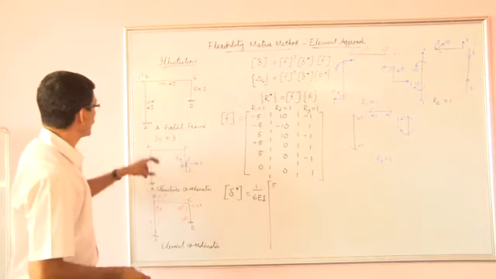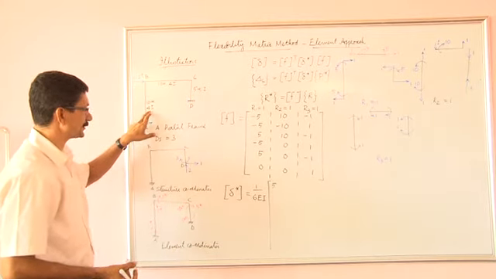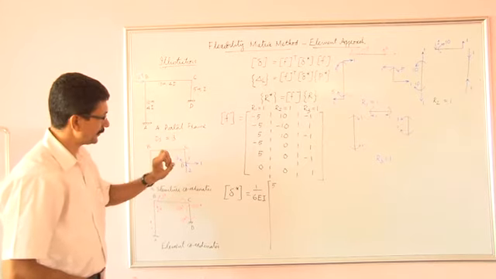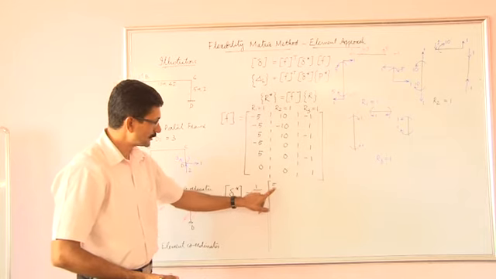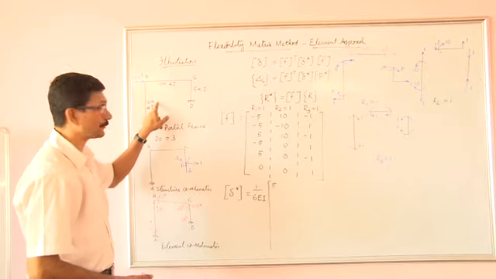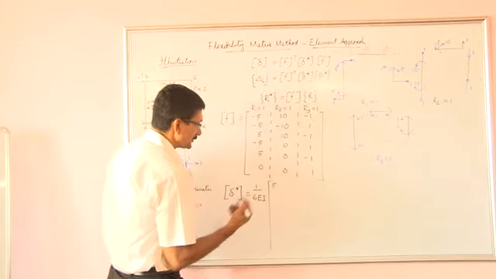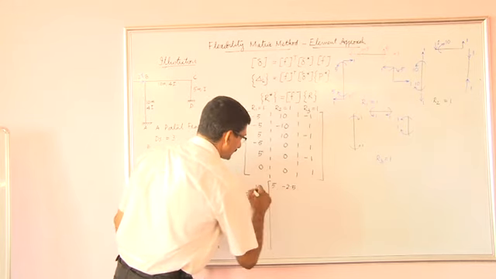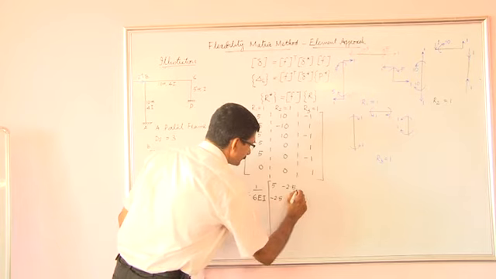We see that L is equal to 10 meters over there and I is equal to 4I. So when you substitute those numbers in the typical flexibility matrix for a beam element, the first term should be L by 3EI. So this is 5 divided by 6EI. We have I equal to 4I and L equal to 10 meters. So 5 divided by 6EI is going to be the first term. Second term would be minus 2.5 divided by 6EI. This is minus 2.5. This is 5.